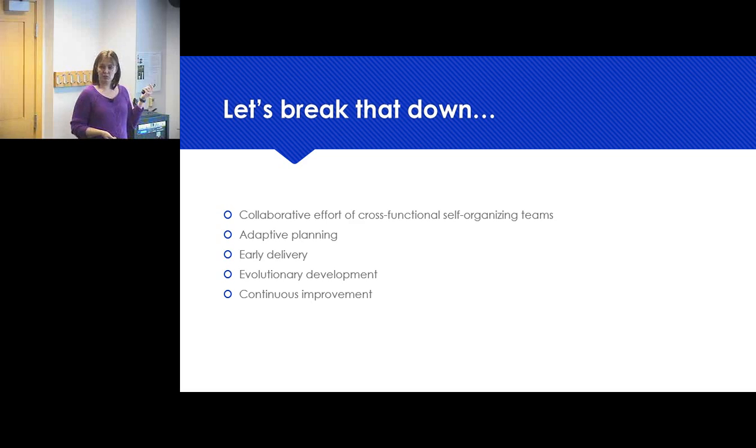Adaptive planning is a little bit different than what you would see in waterfall. In waterfall, you're saying, all right, here's the thing that we need to build, and we have to have it done by this date. Go. And if you don't get it done in that time, then you just have to put more hours in. With adaptive planning, we say, all right, here's some work that we need to do. How long is it going to take? We give an estimate. And if it goes longer than that, we take a step back and say, we were hoping to release by this date.